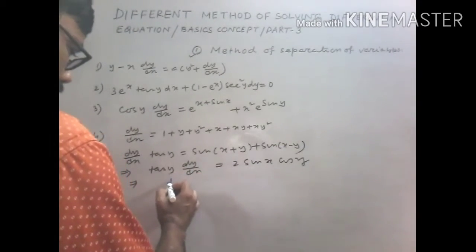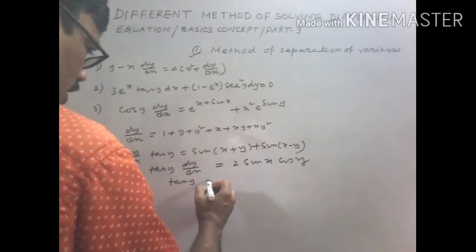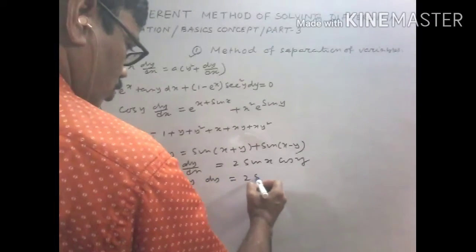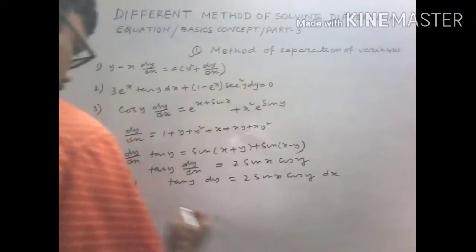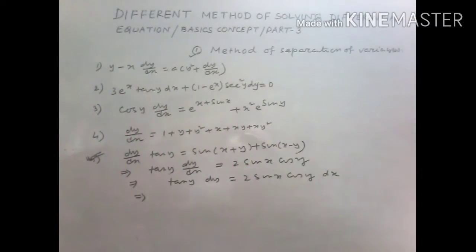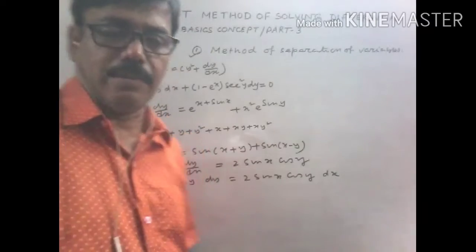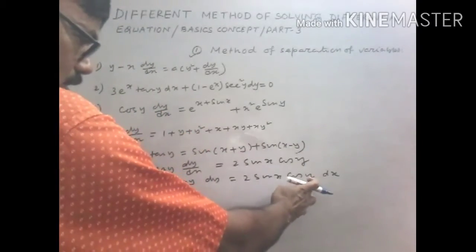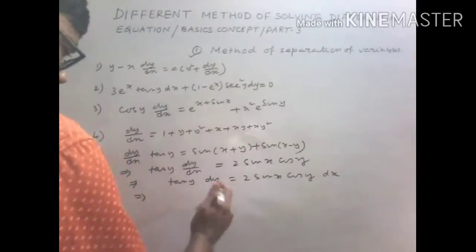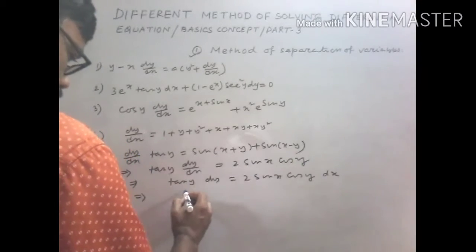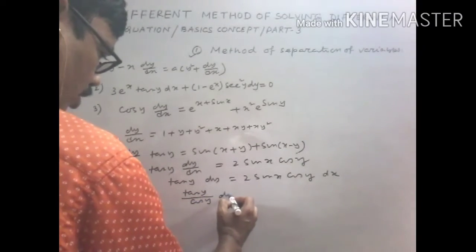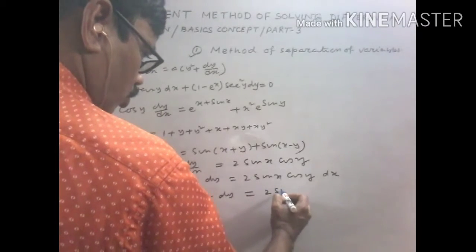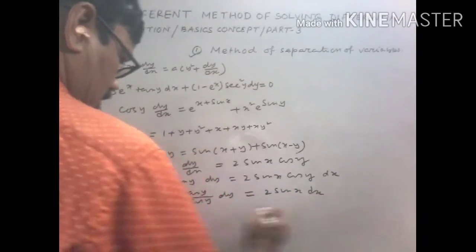So tan y dy equals 2 sin x cos y into dx. Now we separate the variables. This is the odd variable cos y, so divide by cos y. So tan y by cos y into dy equals 2 sin x dx.